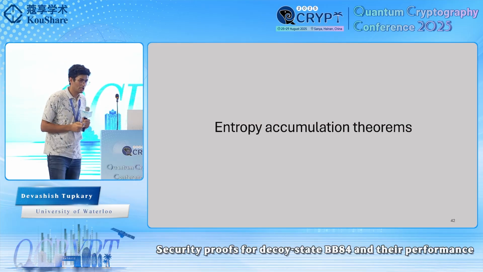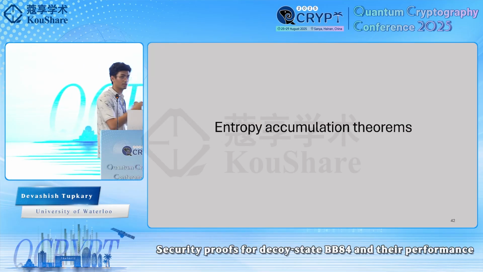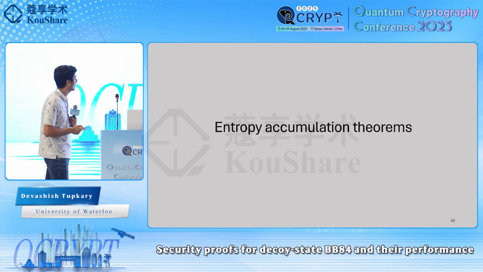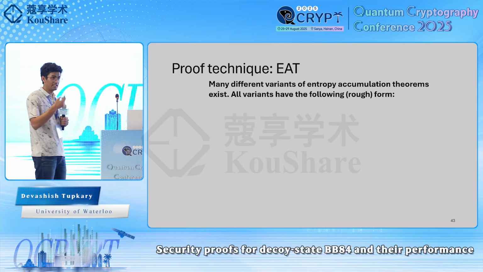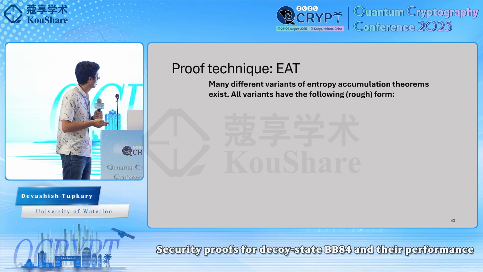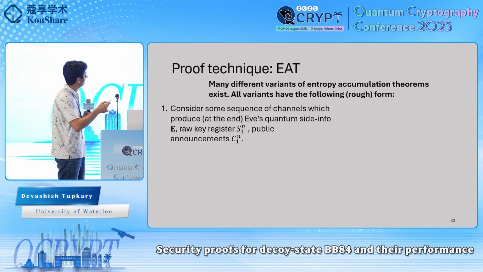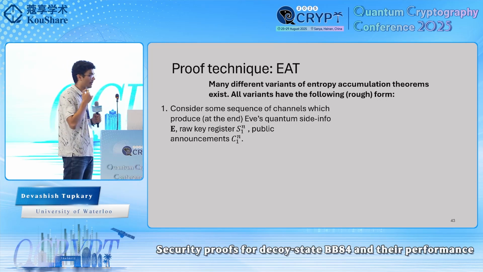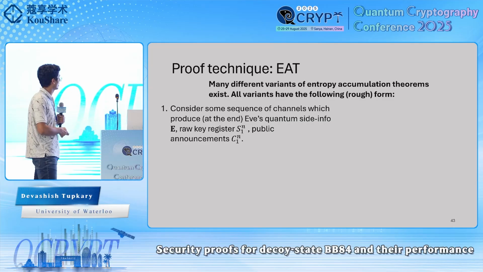All right. The last proof technique that I want to talk about is entropy accumulation theorems, right? There are a variety of entropy accumulation theorems. All of them kind of look like this. You have some sequence of channels that at the end of it produces Eve's quantum side information, the raw key register, and all public announcements.